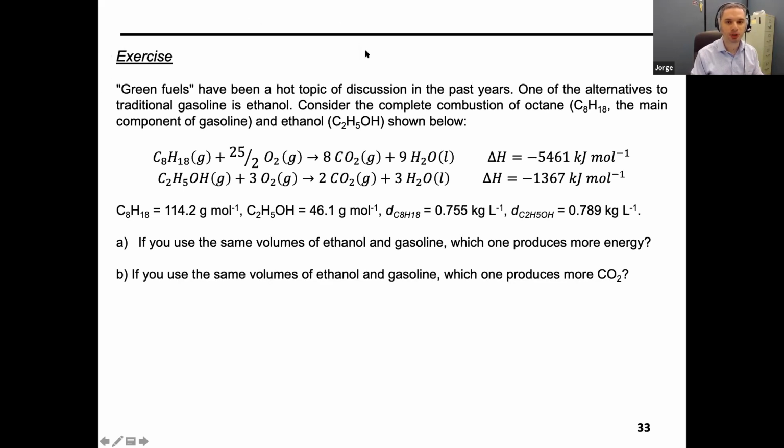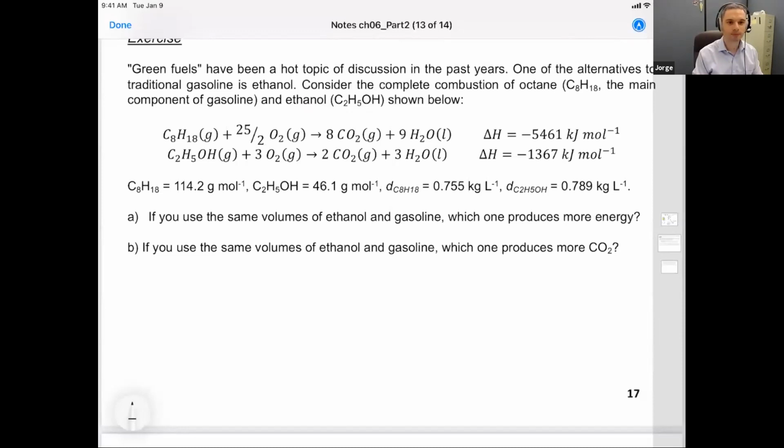So let's switch screens again. Okay, so let's start solving this problem here. First thing, let's analyze the equations.